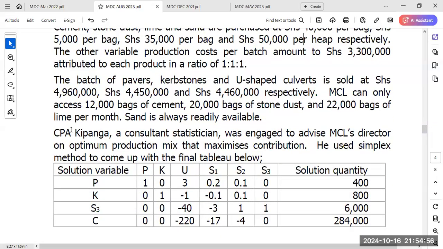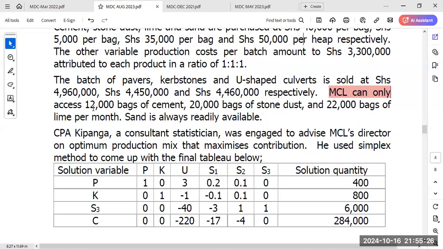Okay, here they are telling us that, before we go to the next, MCL can only access. This is the word you need. This one is very key. Very, very key. This company can only access. This is where you are going to put your inequality. This is a limiting factor.